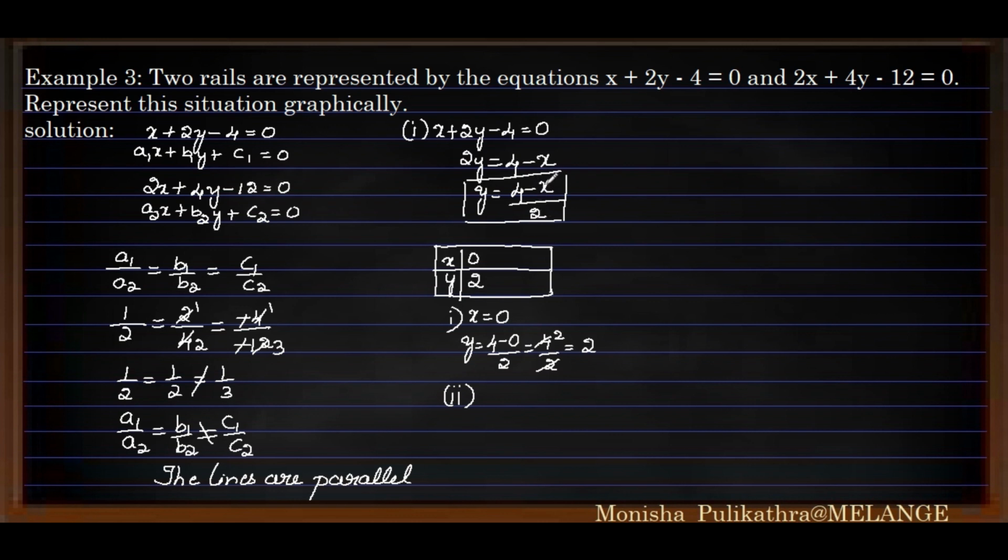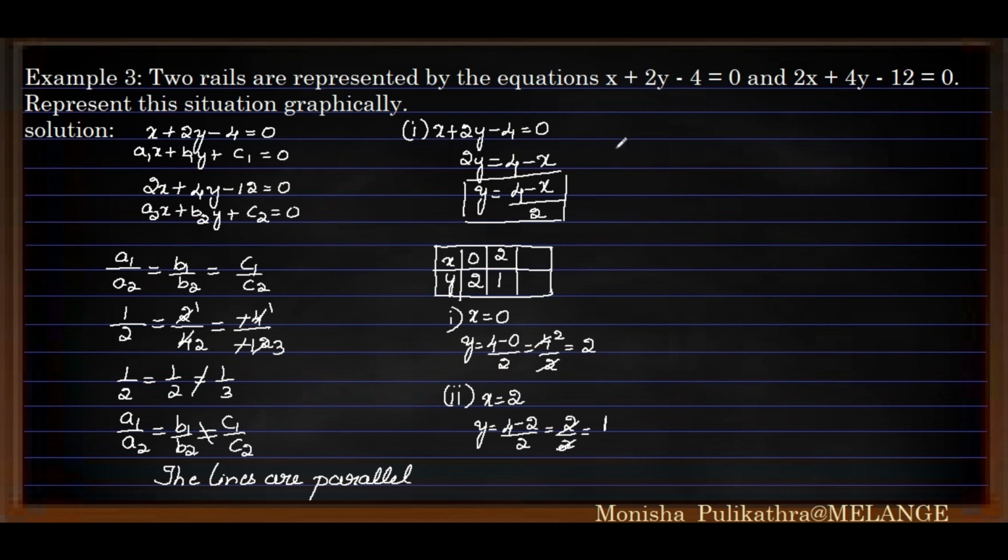Next I will take 2. 4 minus 2 is 2, which is divisible, so this is the better option. If x equals 2, y equals 4 minus 2 divided by 2, that is 2 divided by 2, which is 1. So when x is 2, y is 1.